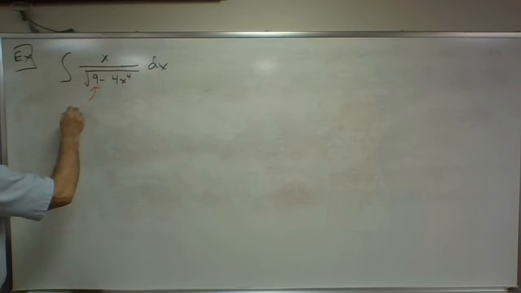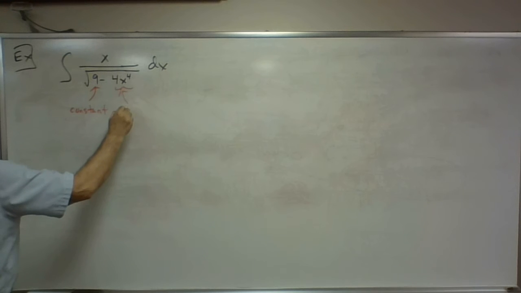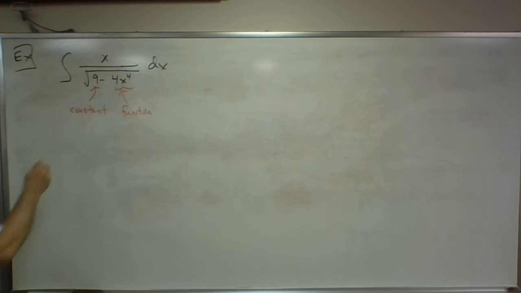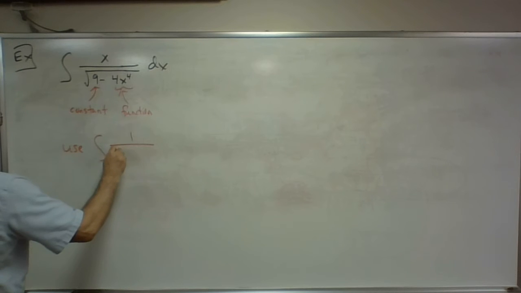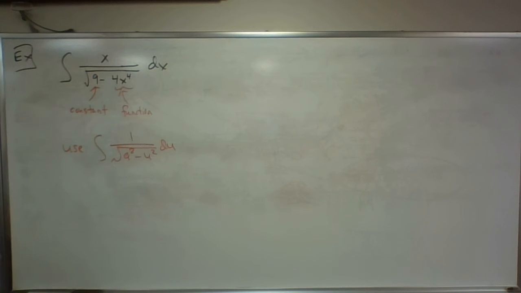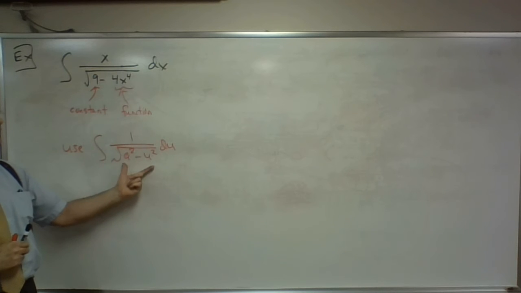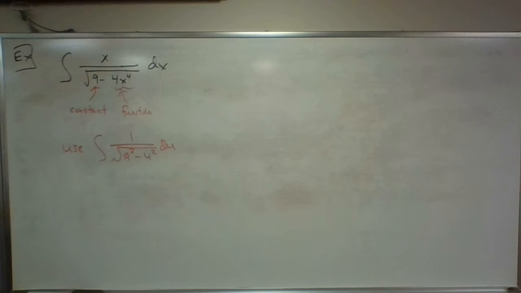Under the radical, we have constant minus function. So it makes sense that we're going to try to get what we have to fit this form. And let's see if we can.